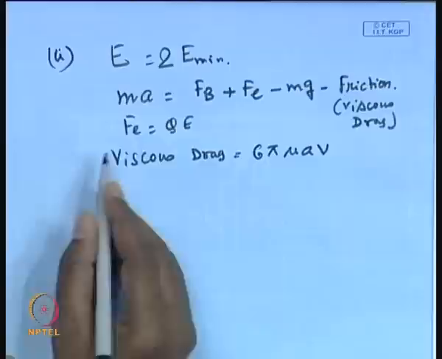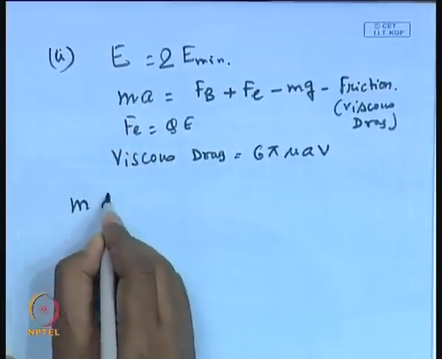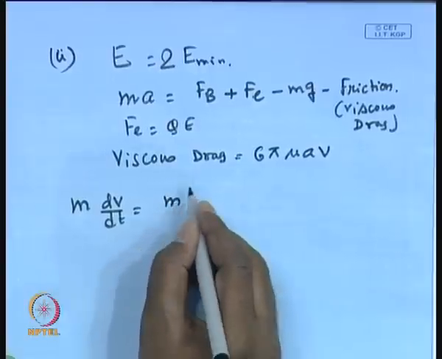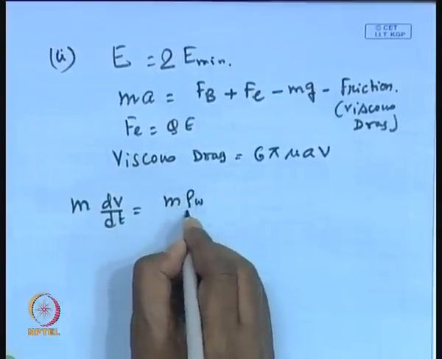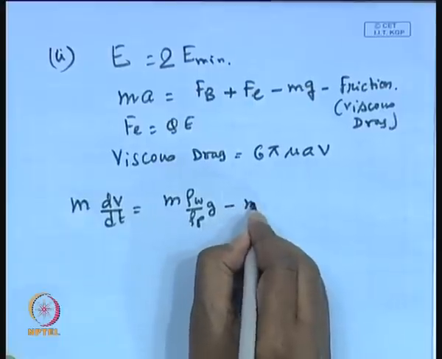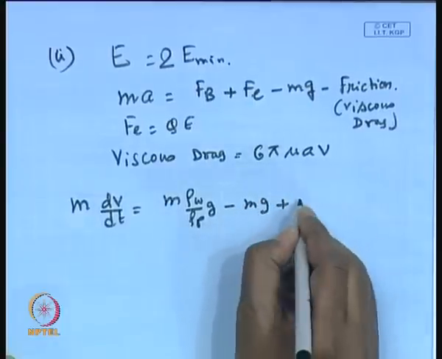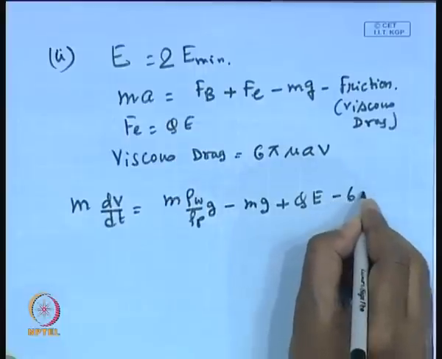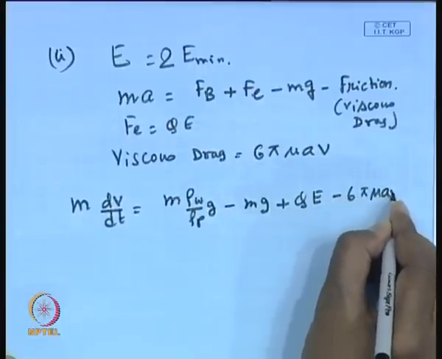So, you will get m a. It will be m times dV dt is equal to the buoyant force, m rho w by rho p times g, minus m g, plus Fe. Fe will be nothing but q times E, and minus the friction force 6 pi mu A v.